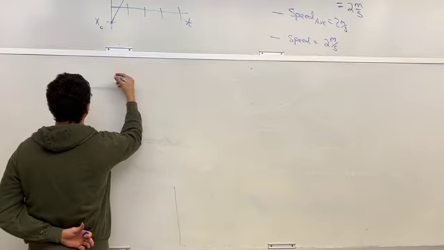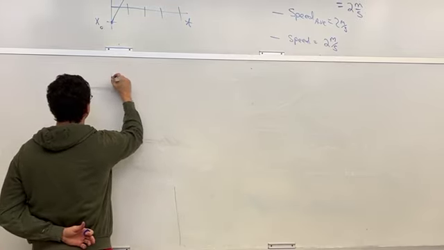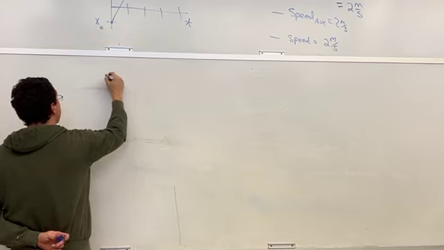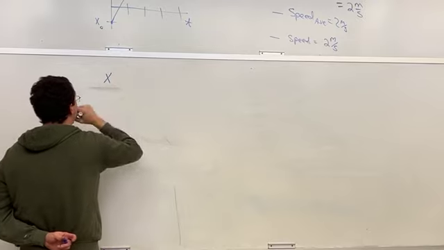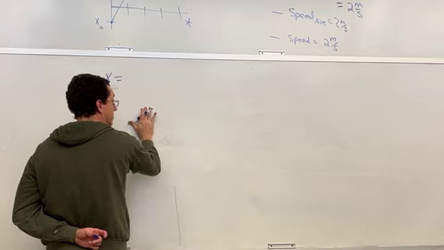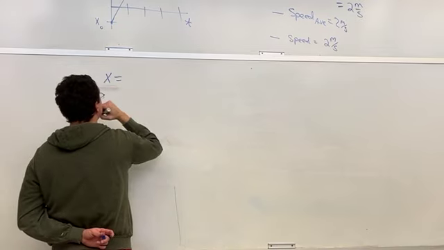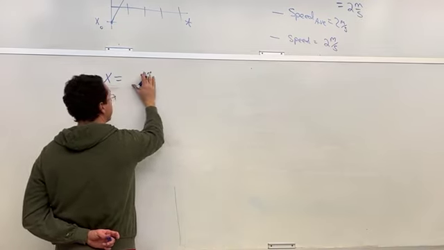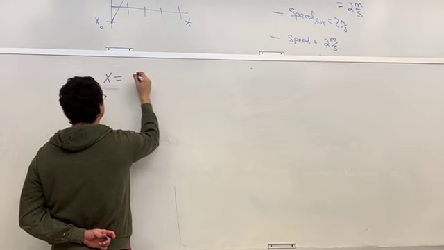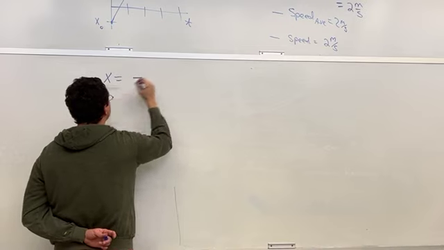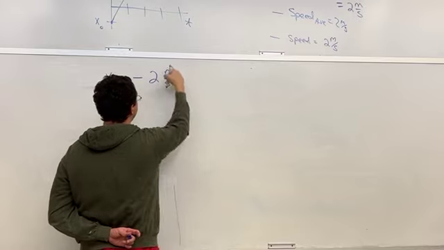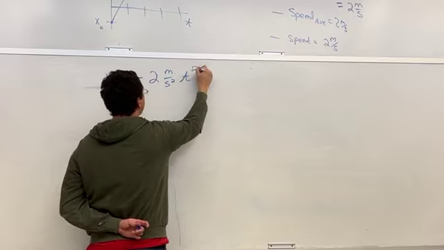What if I gave you, let's say, I'm going to give you this thing: x equals minus 2 meters per second squared, I need that to get the units right, times t squared.